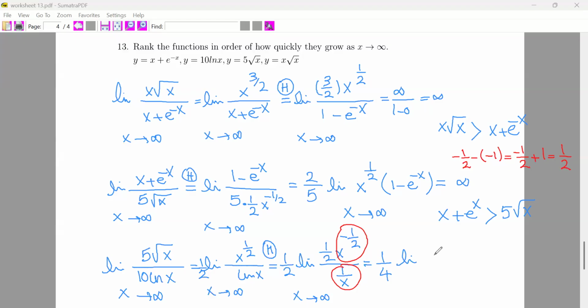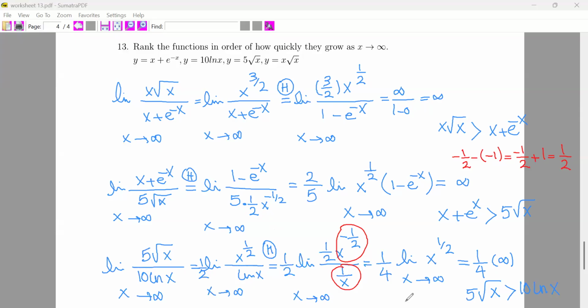So we would have x to the power 1 over 2 here when x is approaching infinity. It means that we're multiplying 1 over 4 and infinity, which means 5 root 2 of x is growing faster than 10 ln of x.